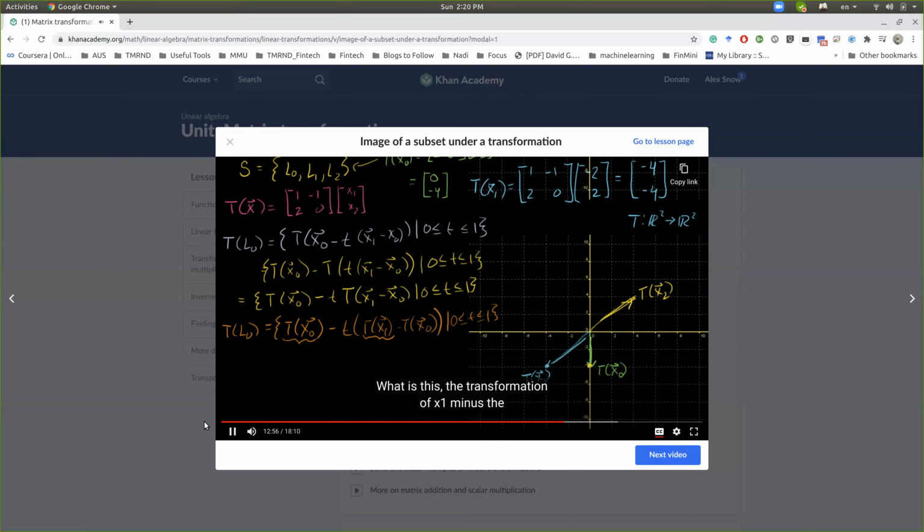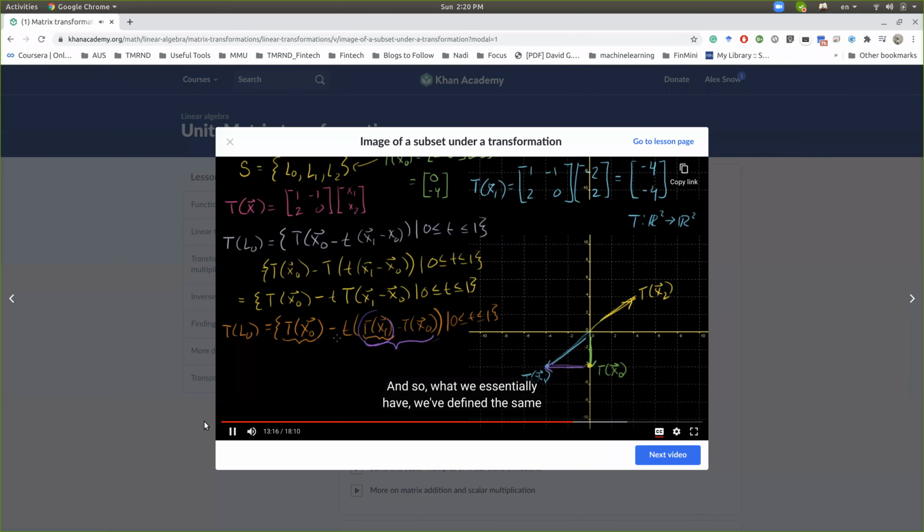What is this? The transformation of x1 is just this vector right here. The transformation of x naught is just that vector. So this whole term is just this vector minus that vector, or it's this vector right there.